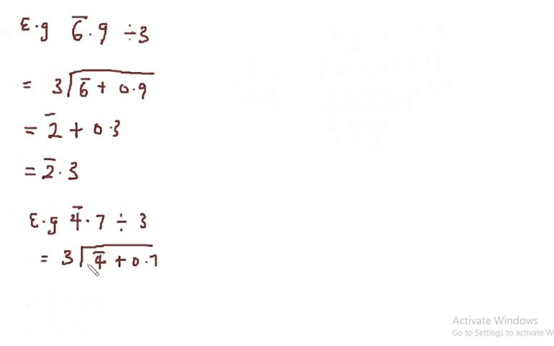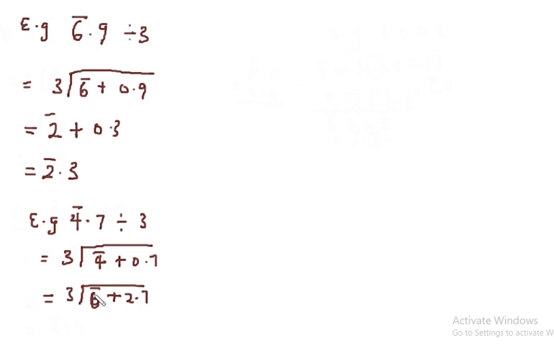So we need to rewrite this number. The next best number that can be divided by 3 without the remainder is 6. So that means we need to subtract 2 from here, and then we're going to add up that 2 here. So this will be equal to 3, and then we have 6 bar plus 2.7.